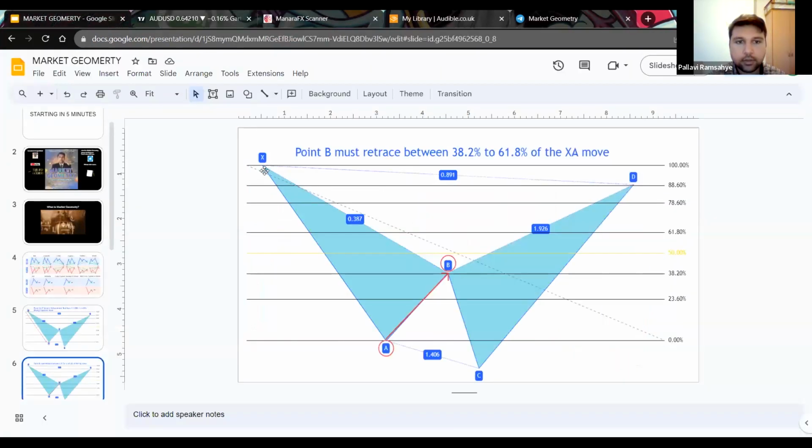So we've placed our fib from high to low, 100% to 0%. We're waiting for this retracement to come between 38.2 and 61.8, okay? So there's 38.2 here, and it's just about retraced to that point between this zone, right? 61.8, 38.2.